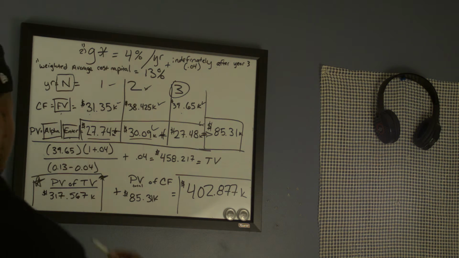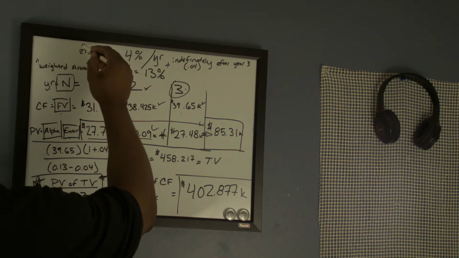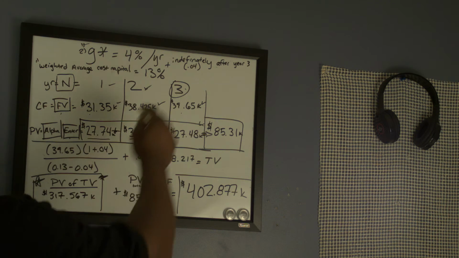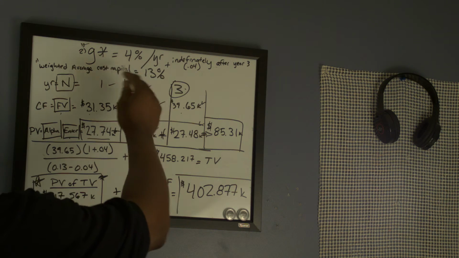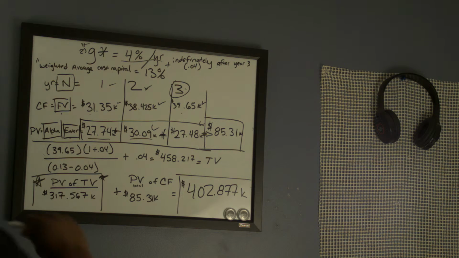All right. Now, I go back to this third year right here where we have this growth rate. When we calculate the growth rate for the third year, we're saying it's going to grow at 4% per year indefinitely.